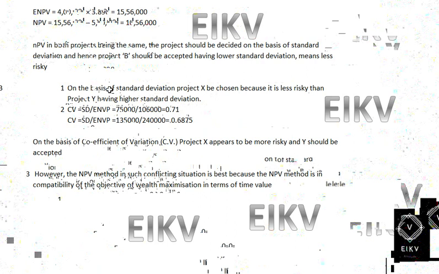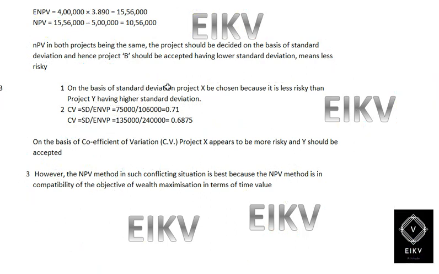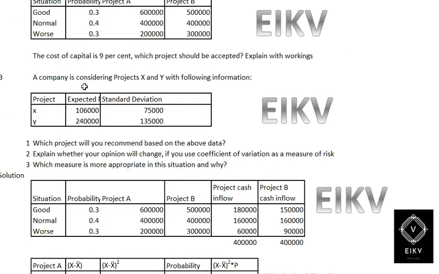Going ahead with the second solution, on the basis of standard deviation, the project X can be chosen as it is less riskier than project Y, having higher standard deviation. So over here on the second question, we can check the first scenario.